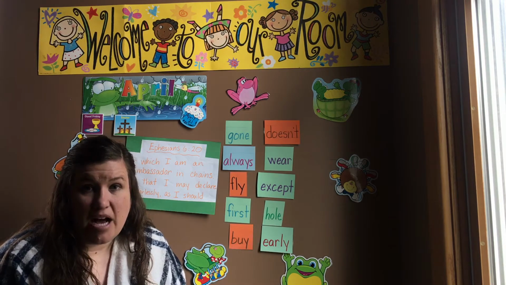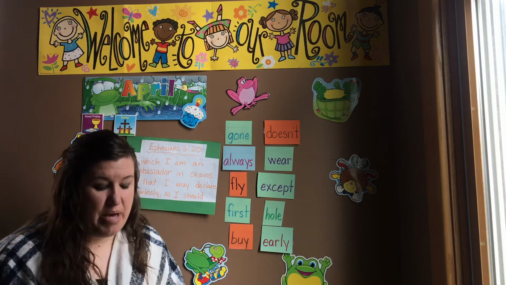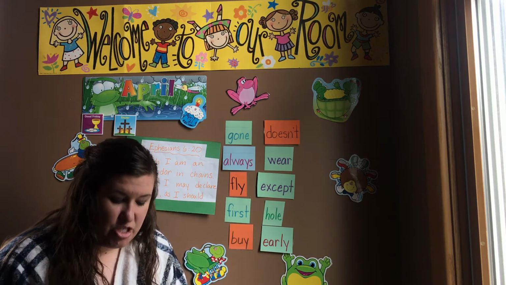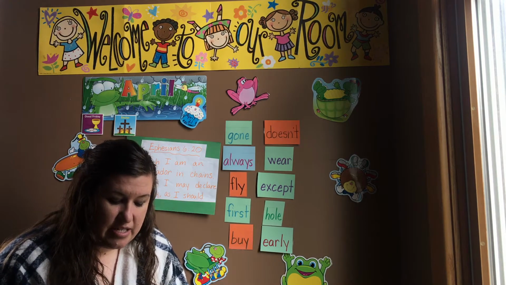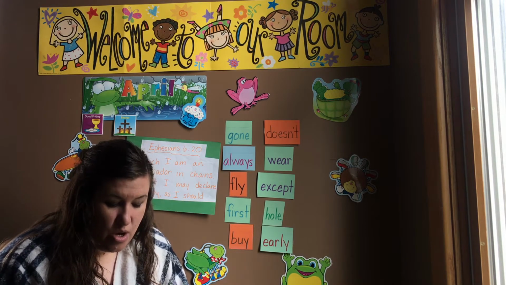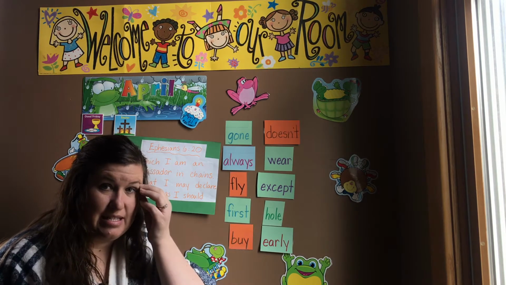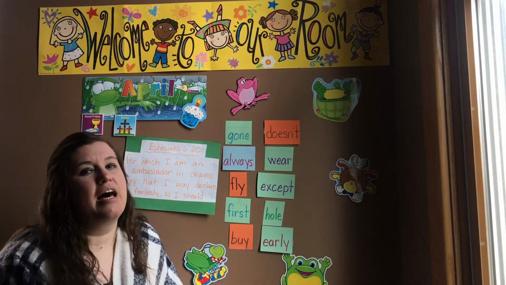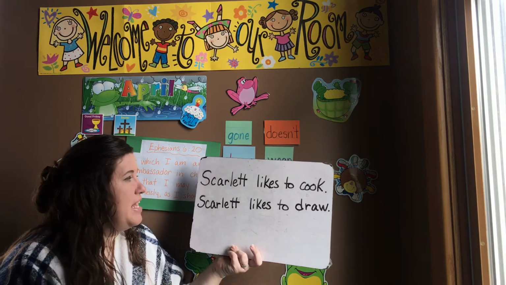In the yellow box on the top, it says, you can combine two sentences that tell about the same subject. The words in the predicate part are different and can be joined with and to make one sentence. Okay, so I have another example, not about our baseball friends, but about our sweet Scarlett.